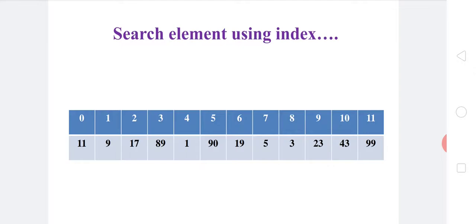No. Then it goes to the next memory location. Again 90 is compared with location number 1, which contains the element 9. Is 90 equal to 9? False. Then it goes to the next memory location. Likewise, I compare the search element with all the memory locations. When 90 is compared with location number 5, which holds element 90, the element is found.